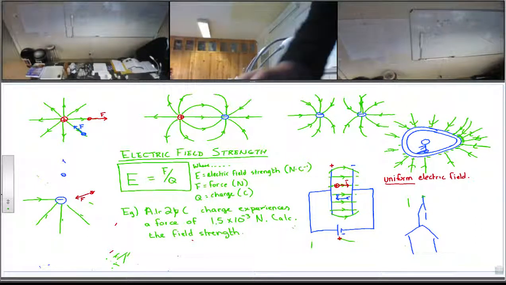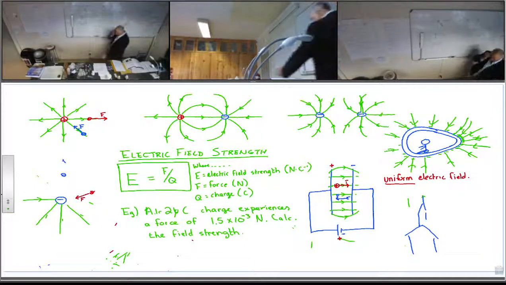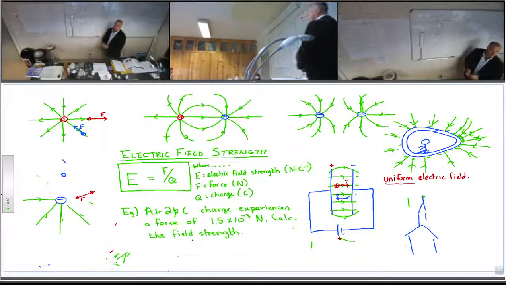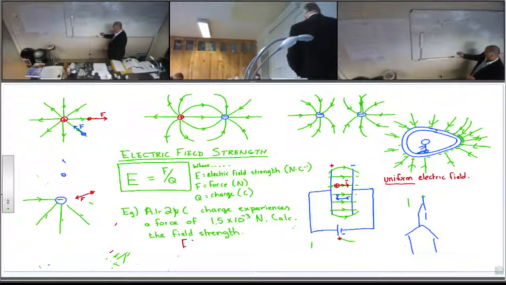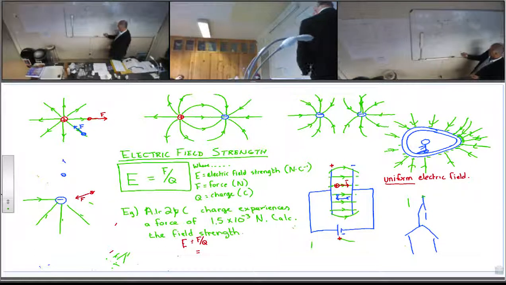Let's just mark that. Would you give me the formula, please, Nikita? F over Q, can you tell me what each of those values are? F is? Q is?